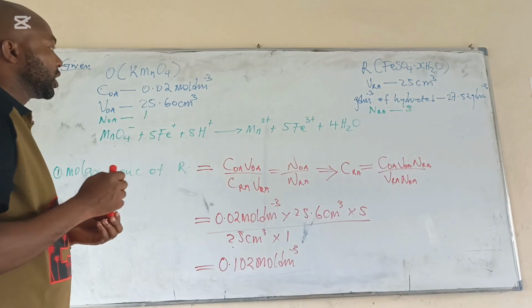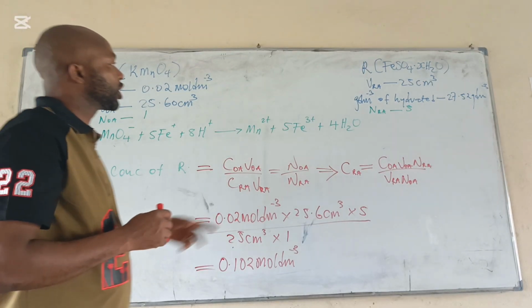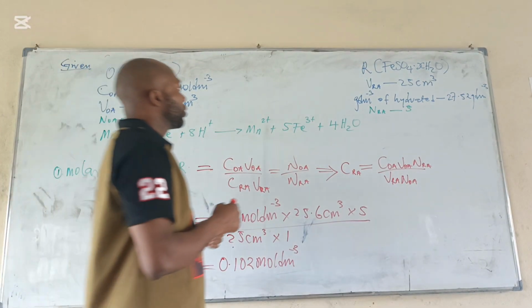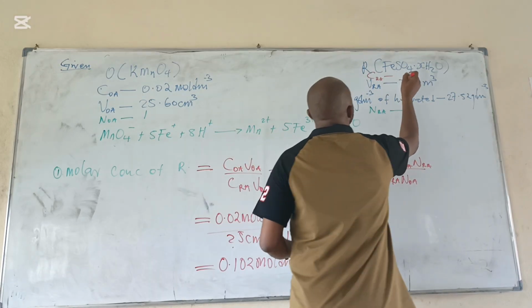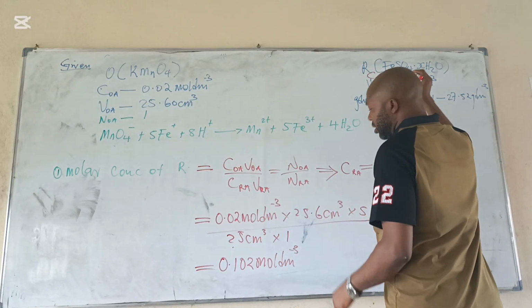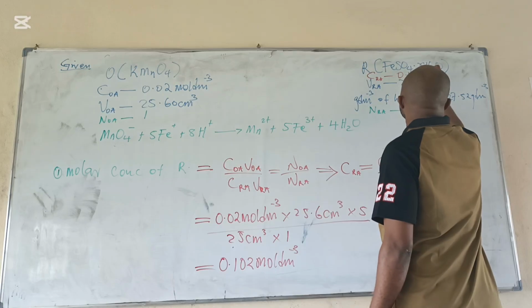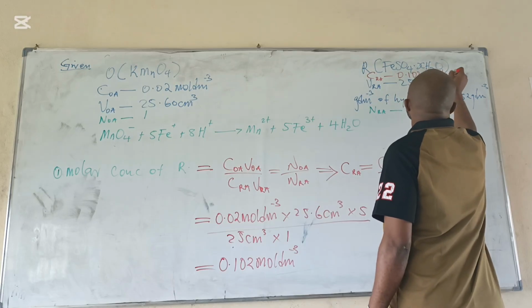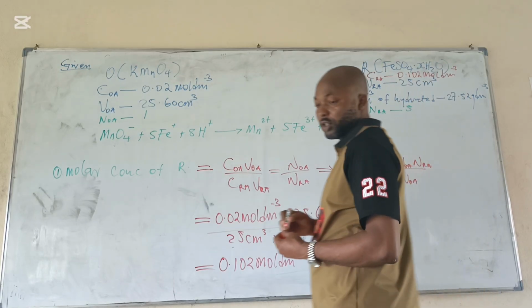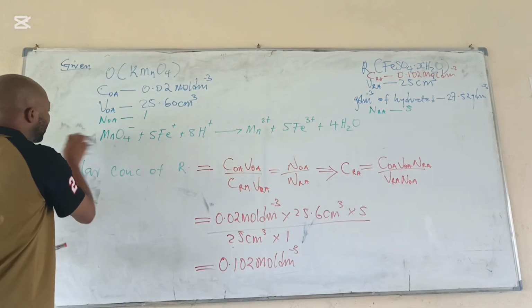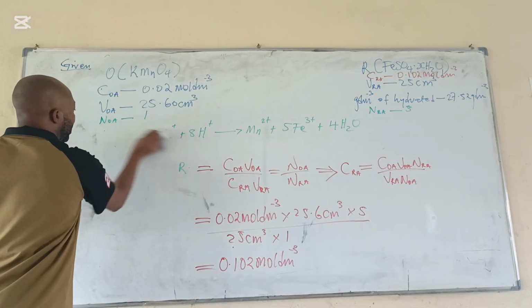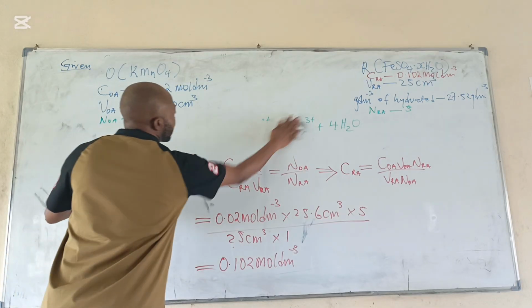So this is the concentration of the reducing agent. So I can now say CRA is 0.102 mole per dm cube. Good. So that we've gotten, I can take the formulas out, this and the equation, so that we know what we're doing.